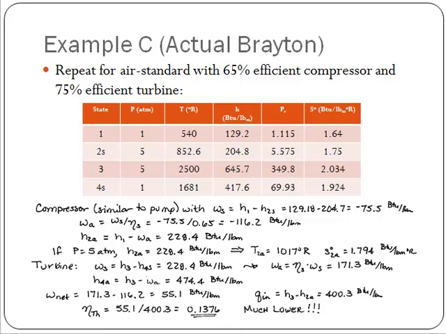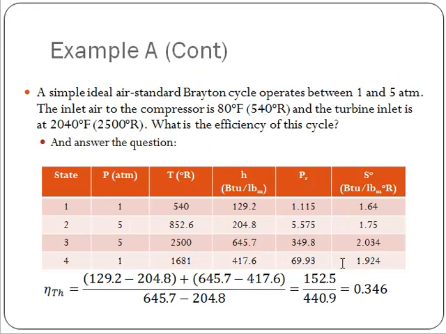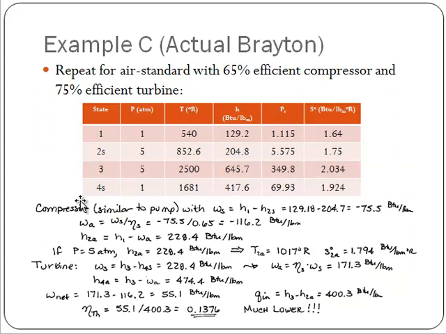So let's compare that to what we had ideally, because I have 55 BTUs per pound mass of net work. Before I had 152. Wow. 441 was my ideal with the 34% efficiency. Let me find my slide again.